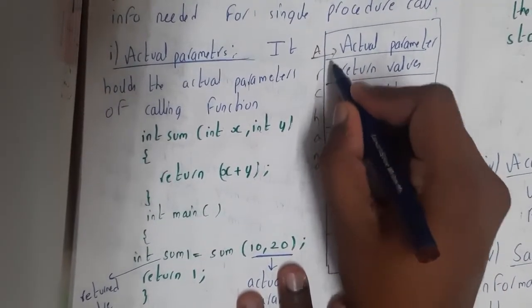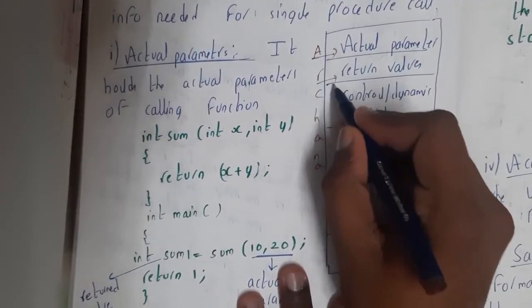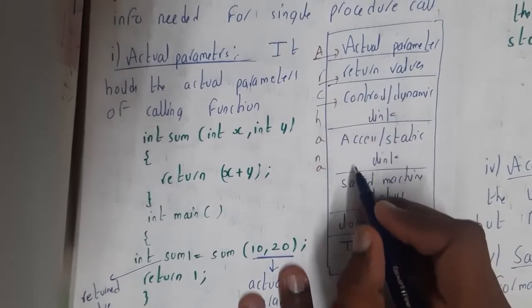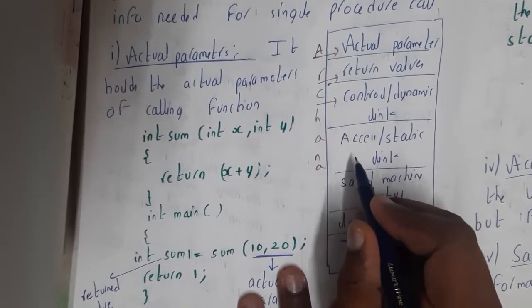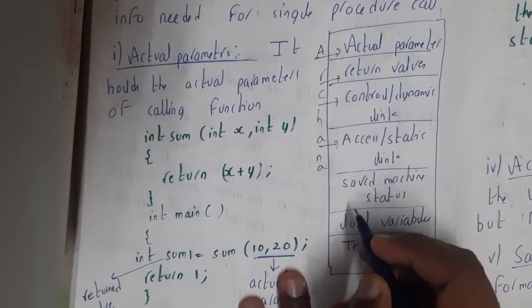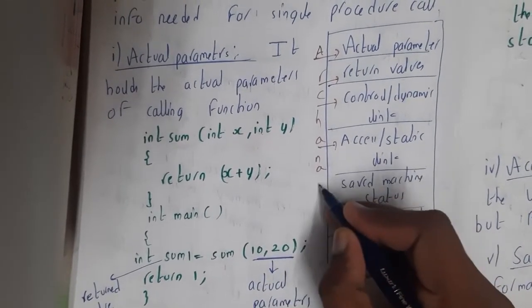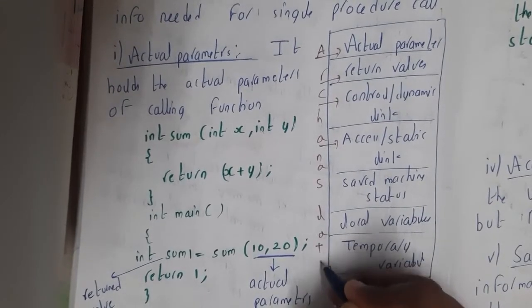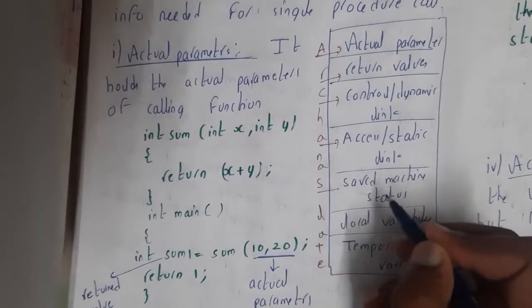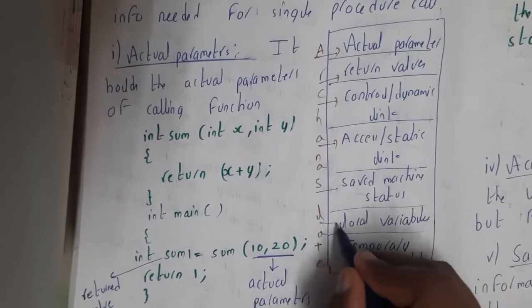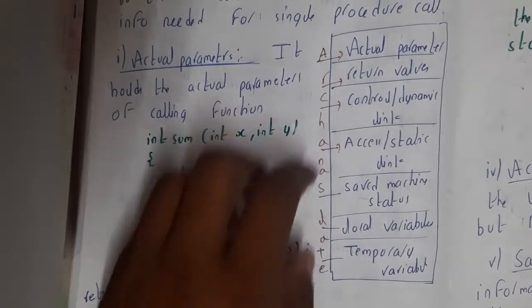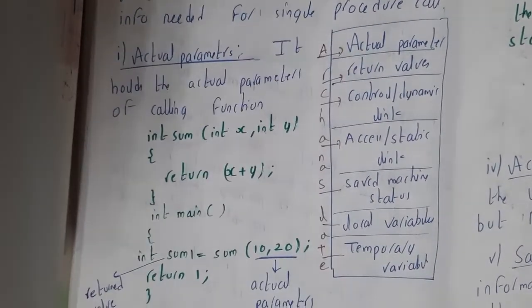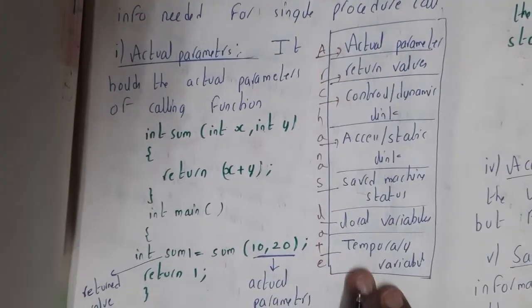A indicates actual parameters, R indicates return value, C indicates control link or dynamic link, A indicates access link, and she has a slate, guys, SLATE. S is saved machine status, L is local, T is temporary variable. So Archana slate, assume she is using a slate. In that way you can remember, guys.